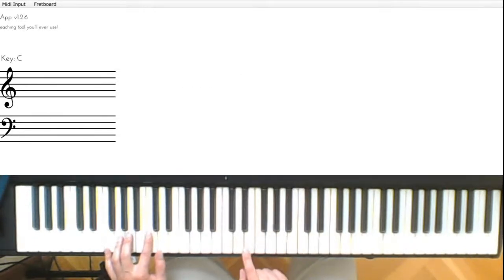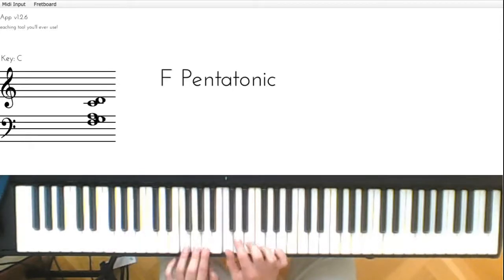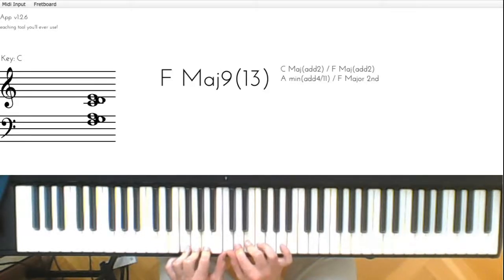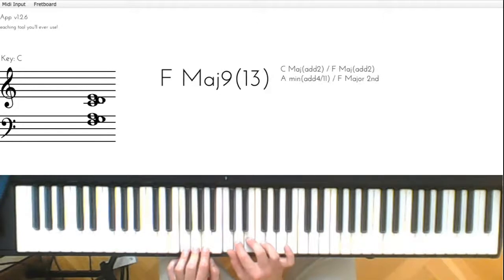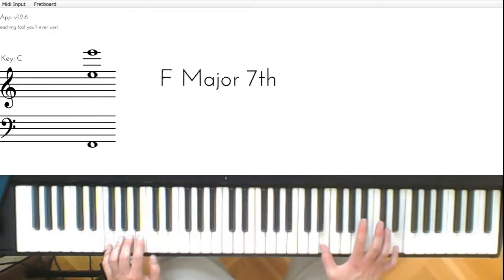Oh, E. It was not a part of our F pentatonic, you see. So I have extended now our scale by adding a new tone, E. So it's now F major pentatonic with an E. It still sounds very nice.